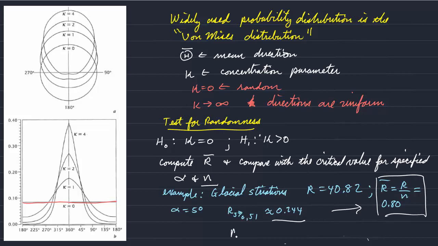So R bar is greater than 0.24. So the normalized resultant of our sample is too large to have come from a randomly oriented population. And so we have to reject H0, reject our null hypothesis that the glacial striations throughout the whole area are random.